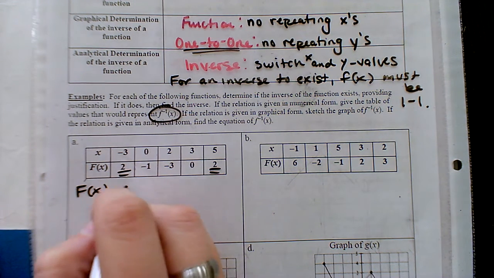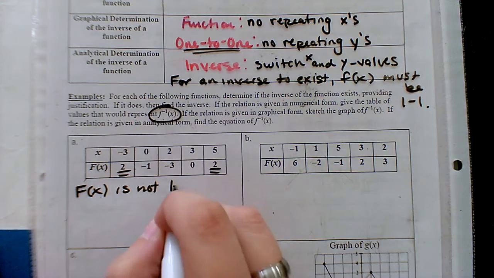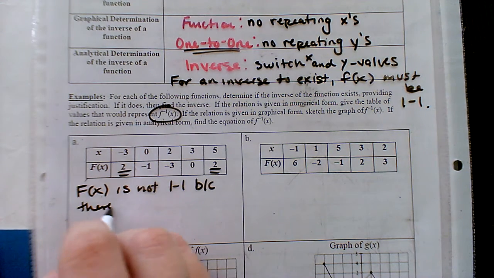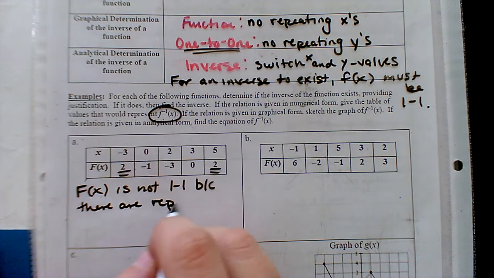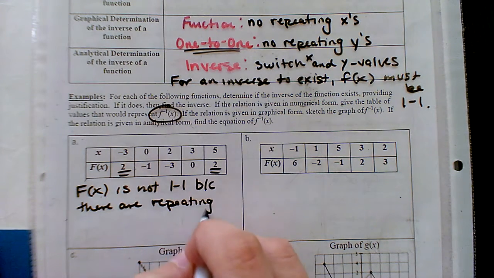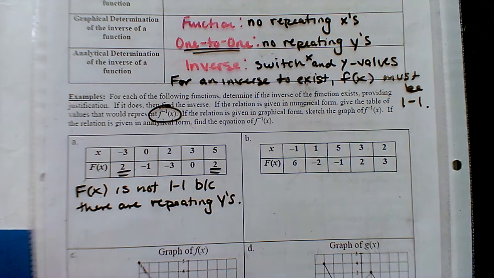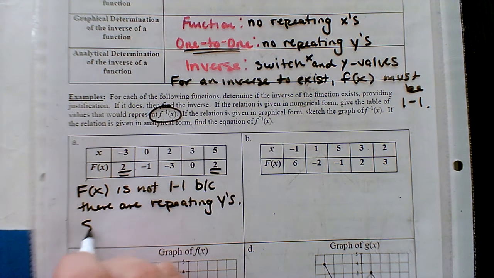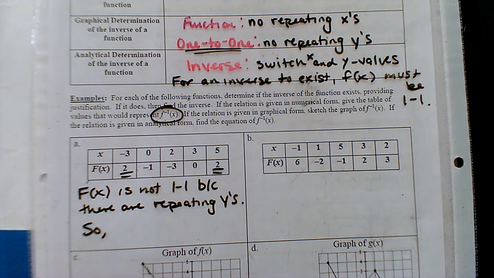We'll say f of x is not one-to-one because there are repeating y's, specifically that number 2. Therefore, since it's not one-to-one, we know the inverse does not exist.